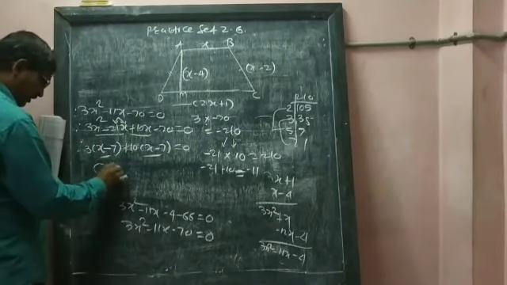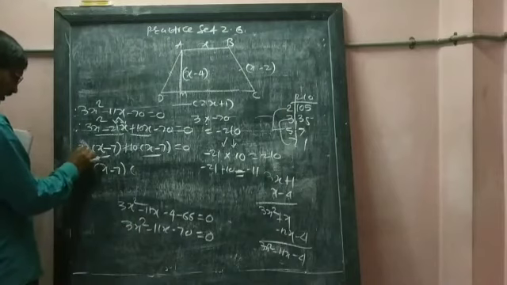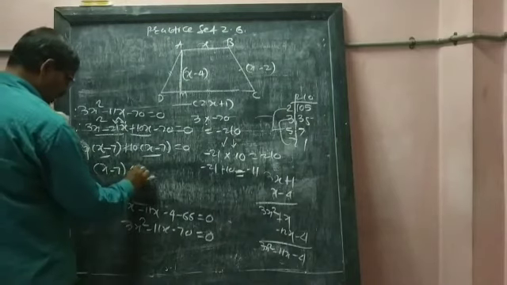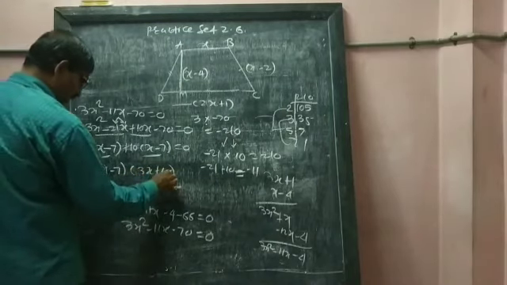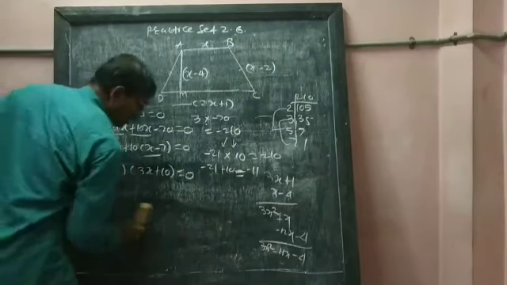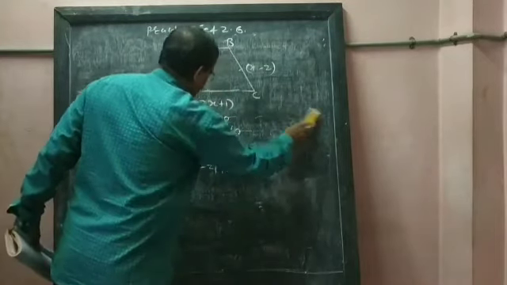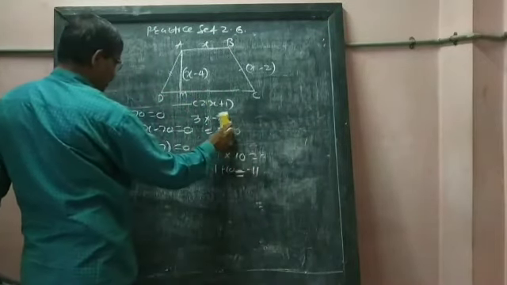Thus x minus 7 and 3x plus 10 is equal to 0. Now I will erase all this, it is not necessary now.